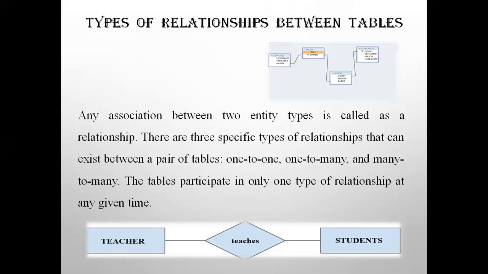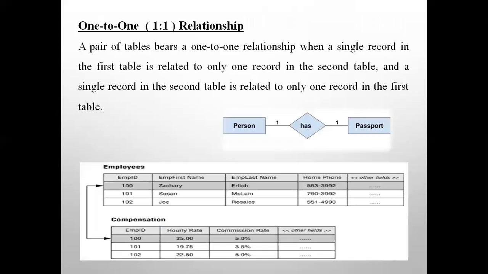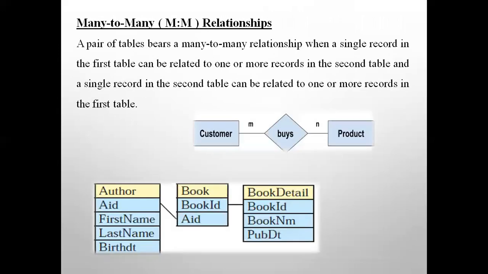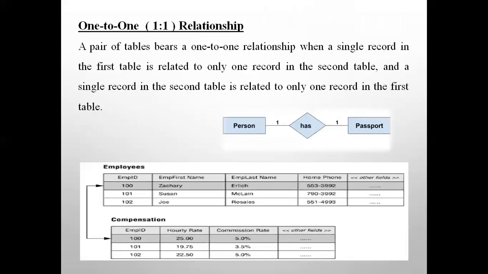This is how the relationship between two tables is established. There are 3 types of relationship that can exist between entities in relational database design: one-to-one, one-to-many, and many-to-many. One by one, we will be learning in detail.